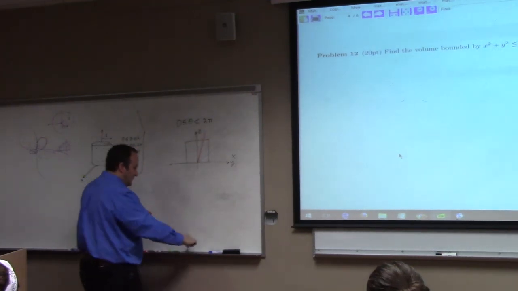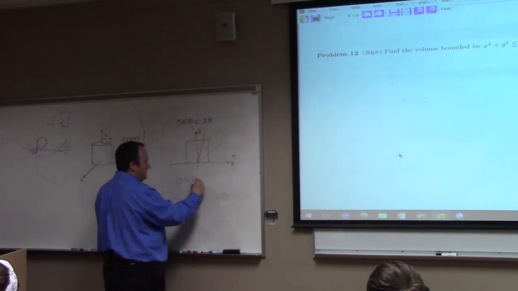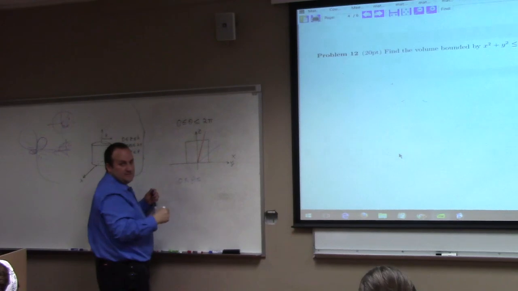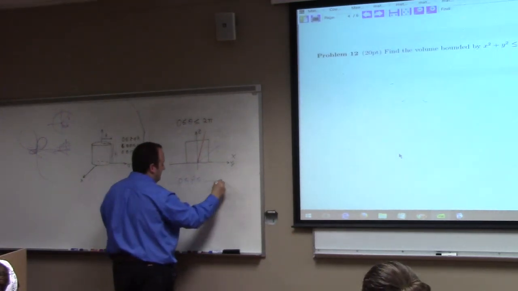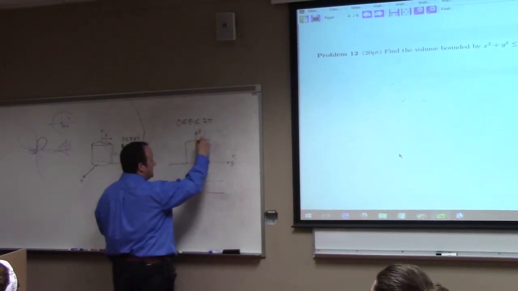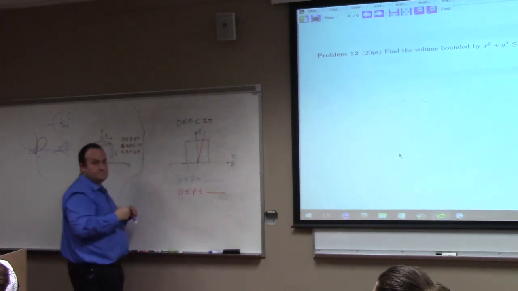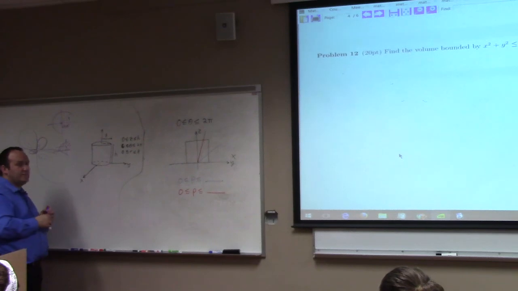In case 1, you have 0 less than or equal to rho less than or equal to whatever that is. But in the other case, you have 0 less than or equal to rho less than or equal to whatever that is. How do you figure out those maximum spherical distances?